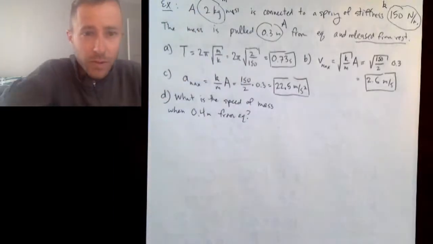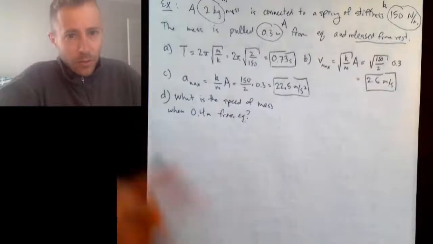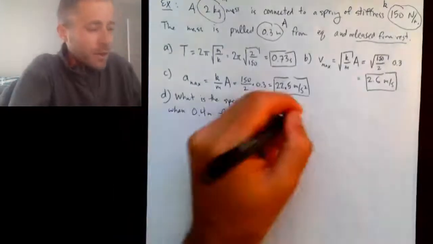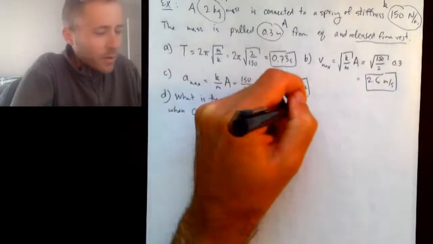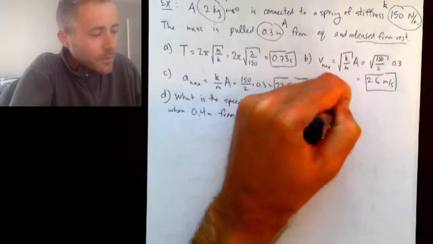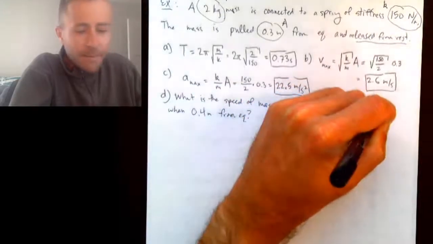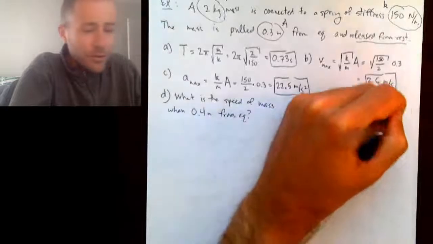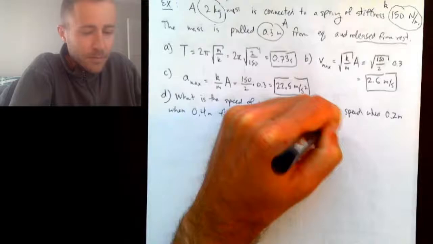You don't have to do any math for this question. I want you to type into the chat what the answer is and why. While I wait for you to type that in, I'm going to go to the next question, which is, what is the speed when it is 0.2 meters from equilibrium?